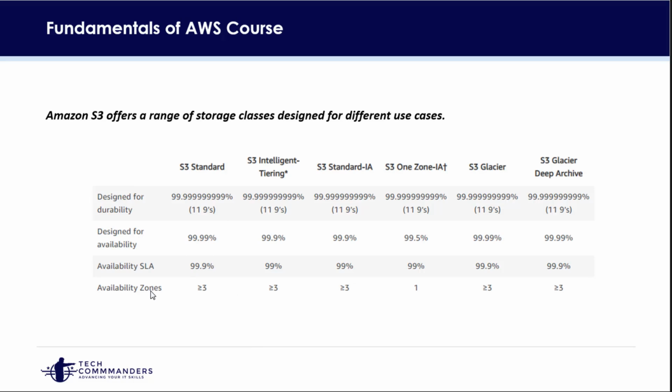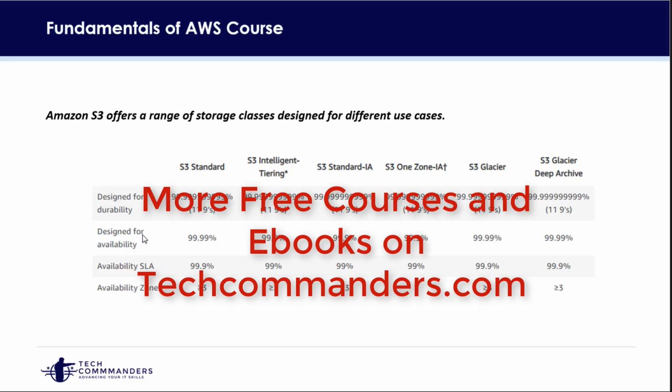And here's a table that is pretty helpful in understanding what the storage classes are, the use cases that go along with them, and what they support. One of the things to be aware of is that they all support 11 nines of durability. However, availability is going to change based on what you need. Again, 99.5 is One Zone IA.